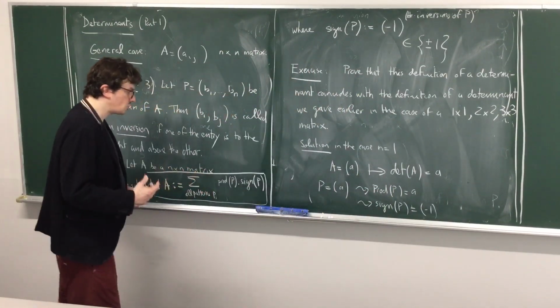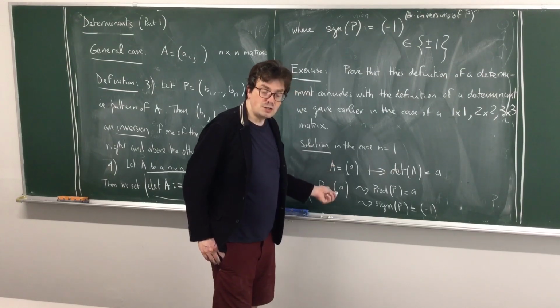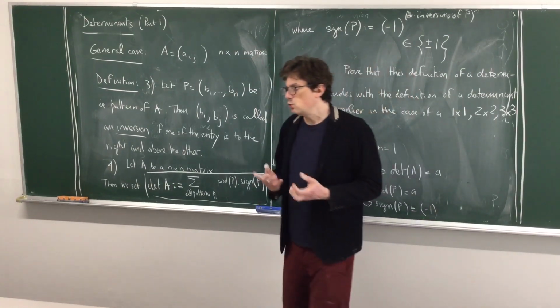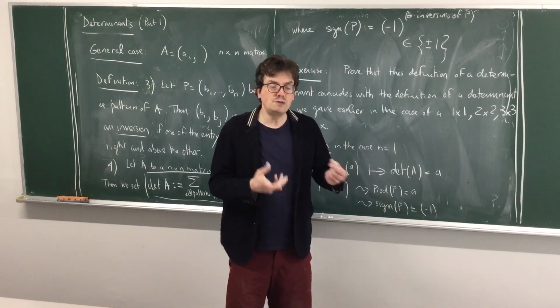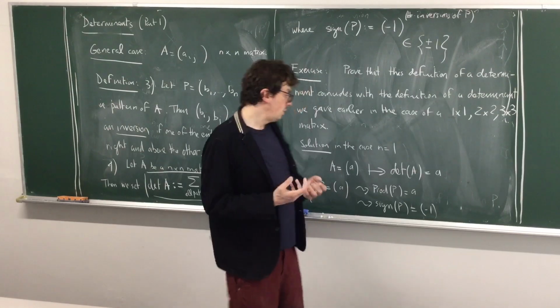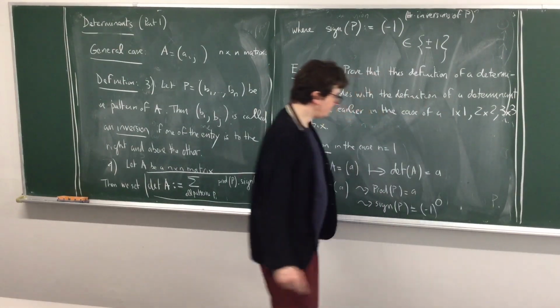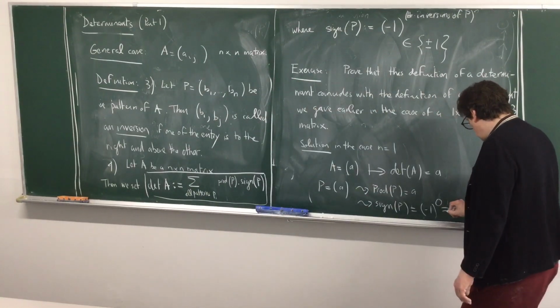So how many inversions do I have in a pattern with only one entry? Well, because you have only one entry, you cannot have one entry right and above the other entry. So the number of inversions here can only be 0. And so you get -1 to the power 0 equal to 1.